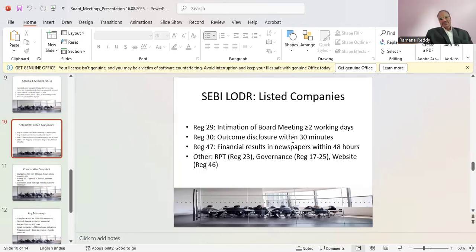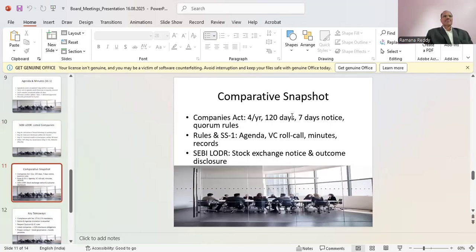Regulation 17 to 25 covers corporate governance, committee meetings, familiarization, KMP appointment, etc. Regulation 23, material related party transactions, and Regulation 46 talks about the website disclosure norms, and Regulation 33, financial results reporting timelines, and Regulation 30A, disclosure of arrangements with related parties within 2 working days. These are all about SEBI LODR for listed companies.